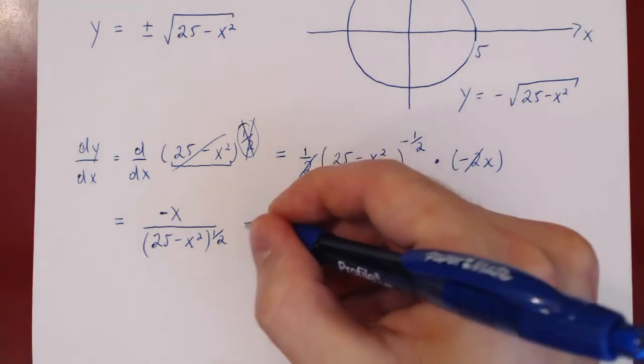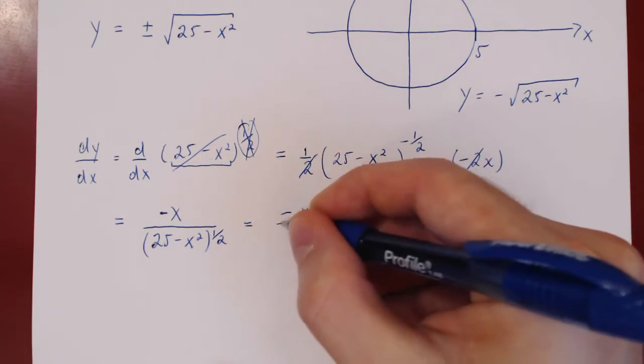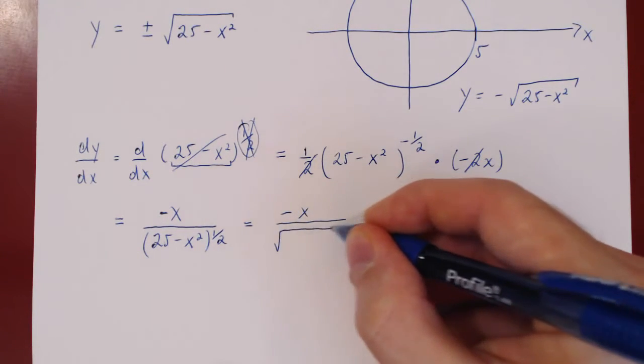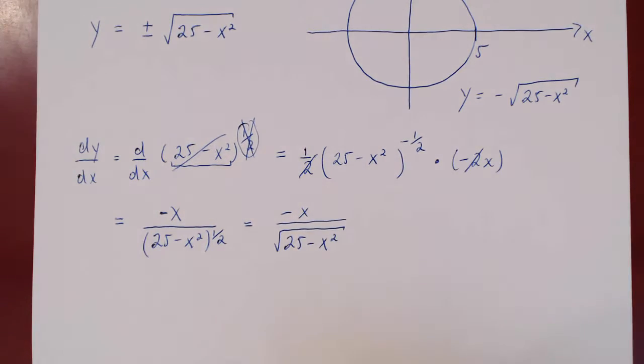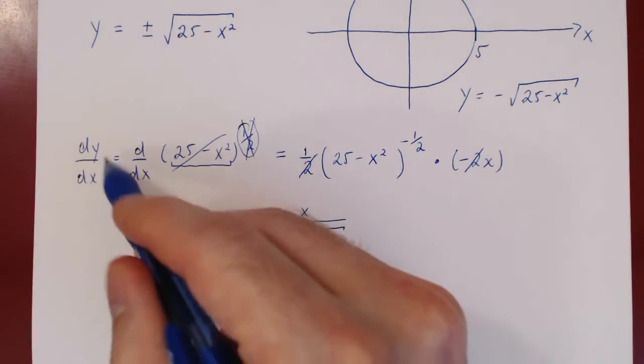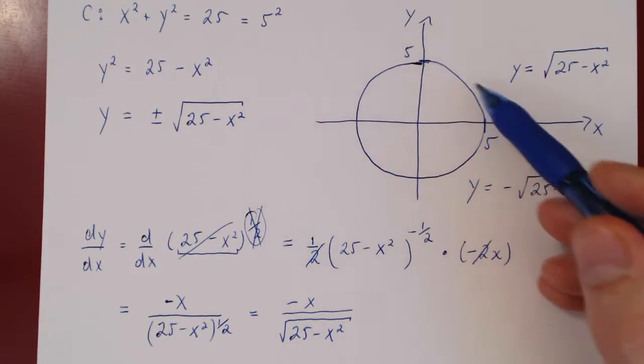And now I'll replace the 1/2 power by the square root, so I get negative x divided by the square root of 25 minus x squared. And we have the derivative of the curve for the first half.